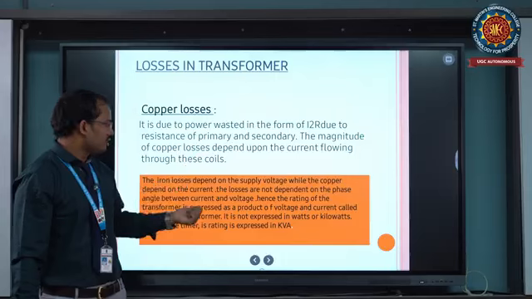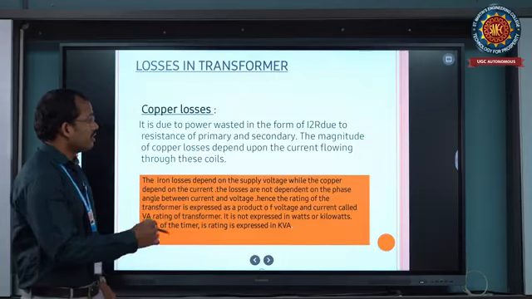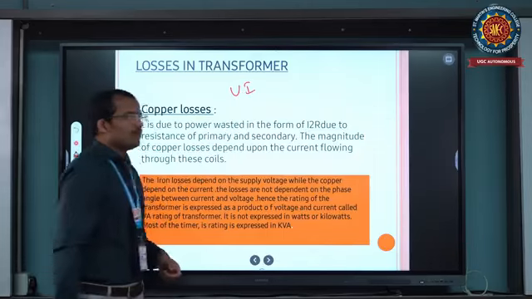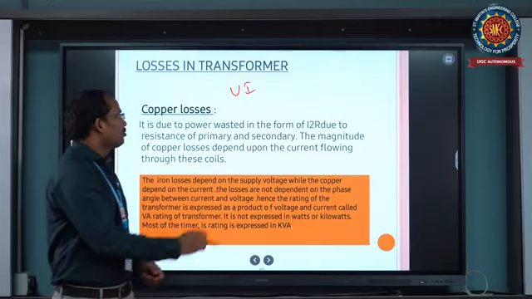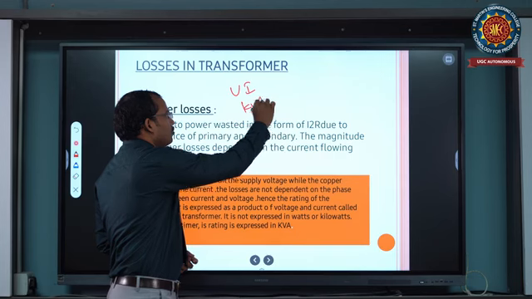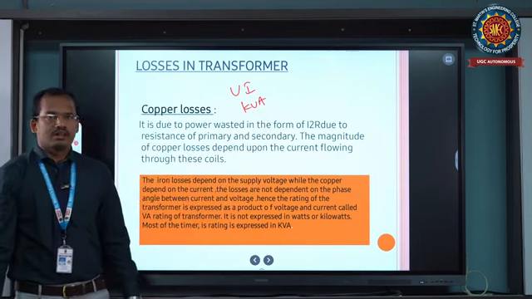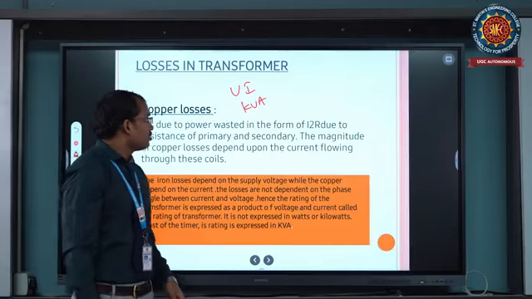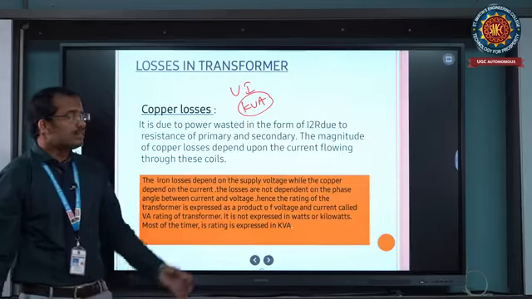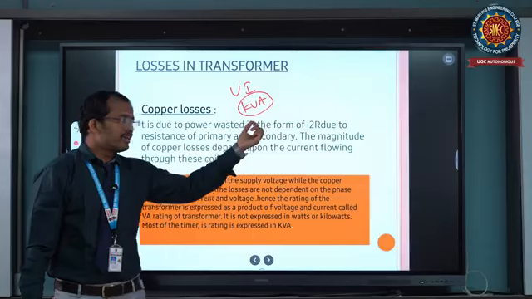So basically the representation of the transformer rating is a combination of voltage and current. Voltage and current, so the transformer rating is kilovolt ampere. Kilovolt ampere means 33 kVA, 66 kVA, 132 kVA, 220 kVA.